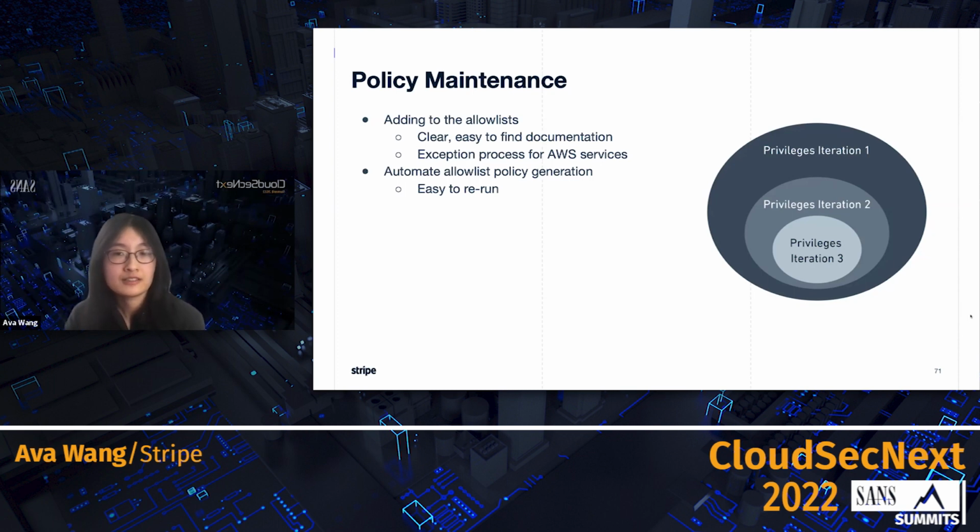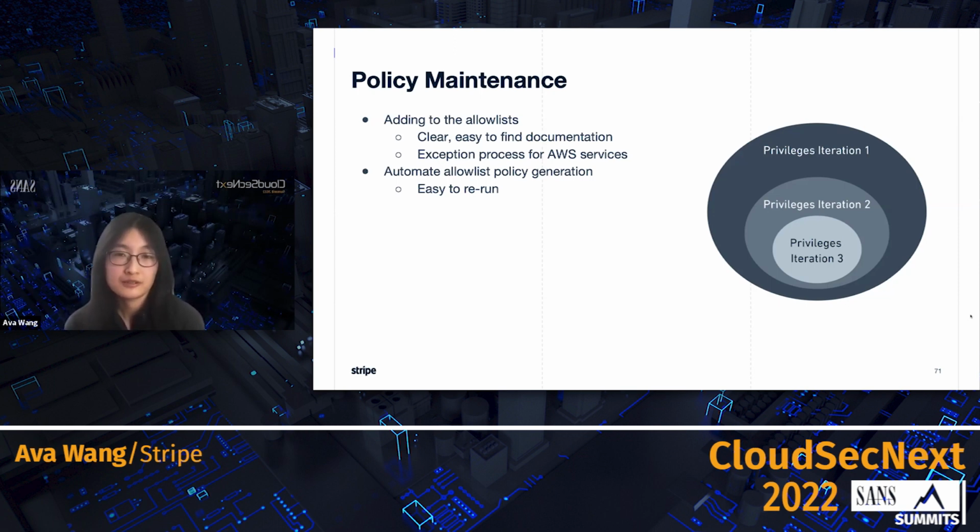By vetting each AWS service that's allowed through this exception process, we aim to avoid the bad situation of having a security incident where we need to quickly get up to speed on an unknown AWS service that has a high risk misconfiguration.